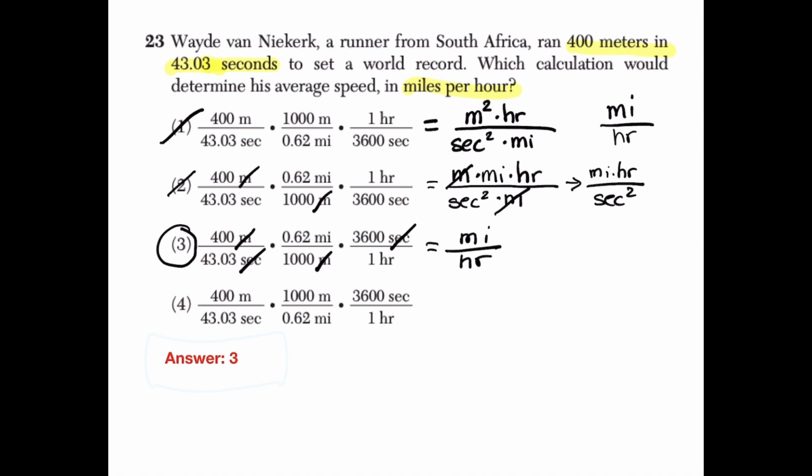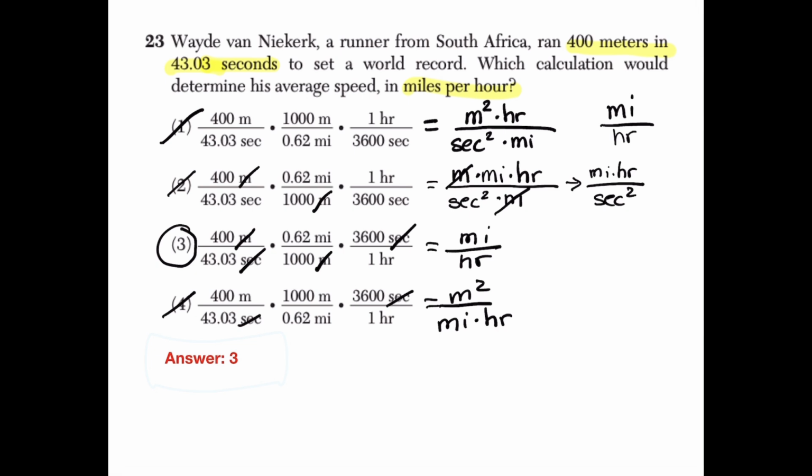And when we look at number 4, why does this one not work? Although I can cancel out the seconds, I'm still ending up with meters squared over miles times hours. So that doesn't work. Although a lot of kids look at it and start thinking I have to actually do the calculation, that's not what this problem is asking you to do.